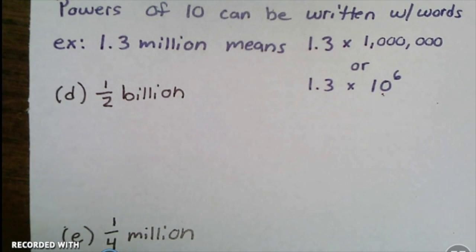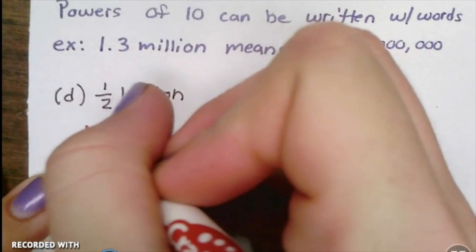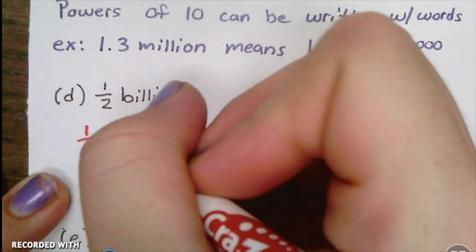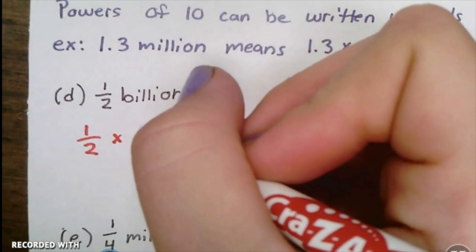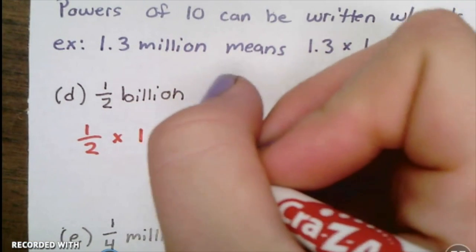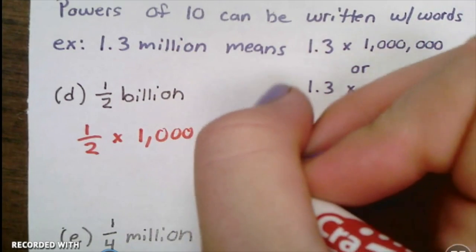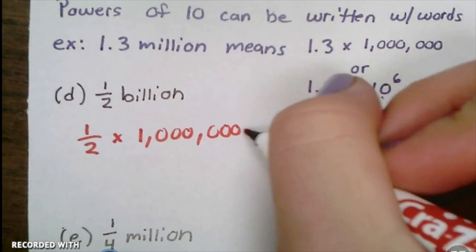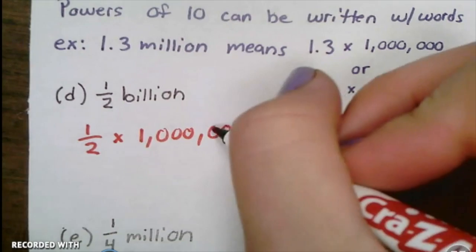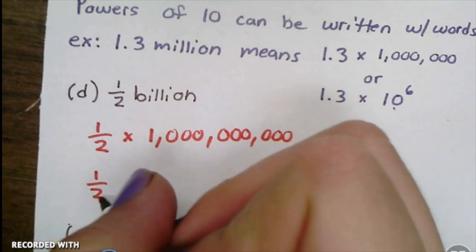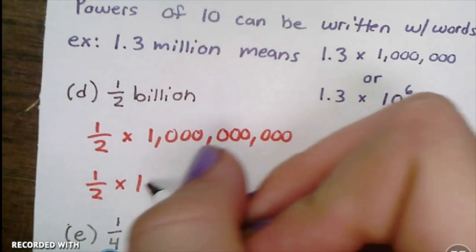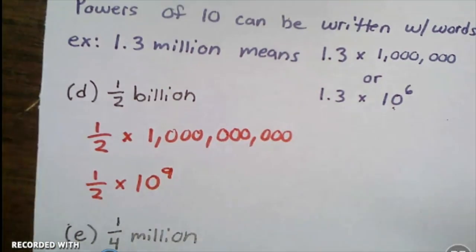Well, half of a billion would be the same thing as 1/2 times a billion. And a billion is 9 zeros. And you don't have to actually write out those 9 zeros. You can just say 1/2 times 10 to the 9.